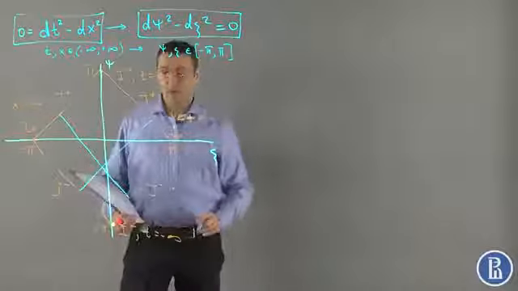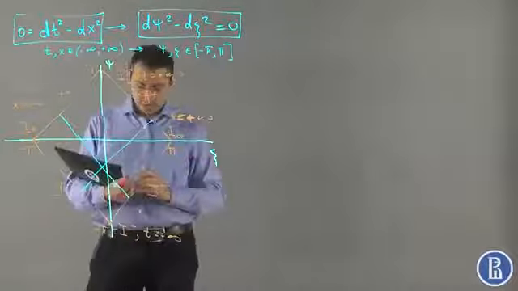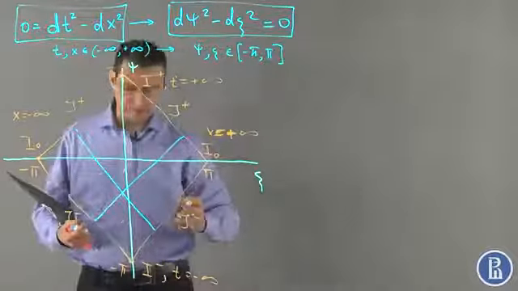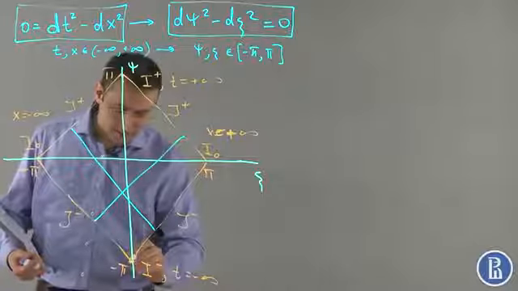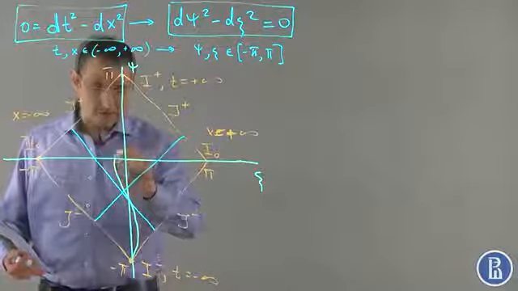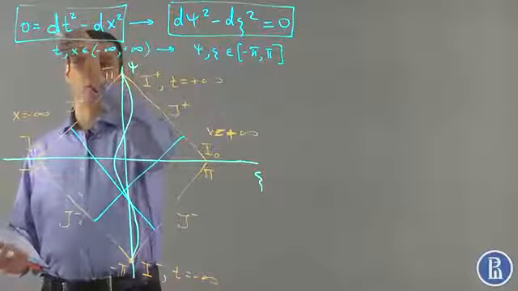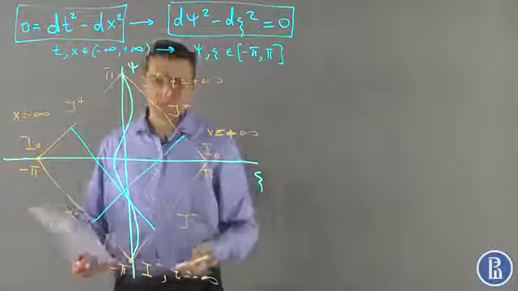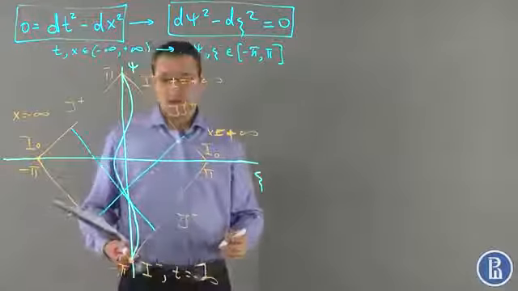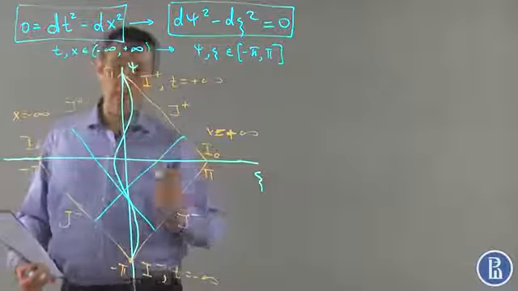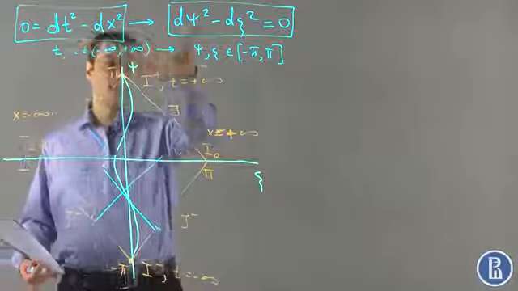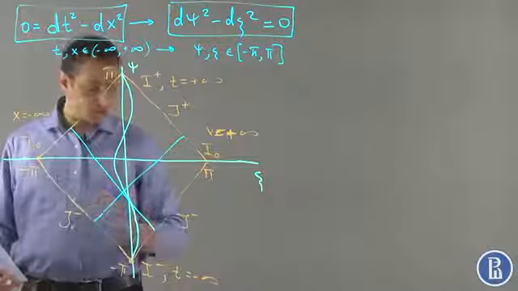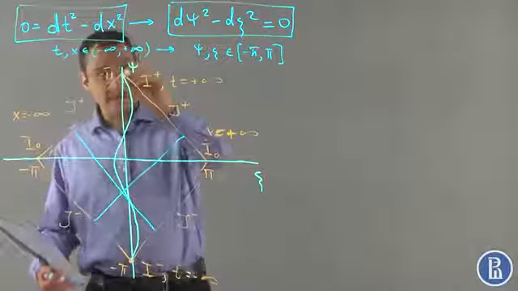So a world line of a massive particle, of a massive observer, has the following form. Of course, an explicit map from a world line in these coordinates to a world line in these coordinates is quite a hard exercise. It depends on every concrete curve. But in principle, we know that any world line here should start from past infinity, not light-like, but past infinity, and end at future infinity.